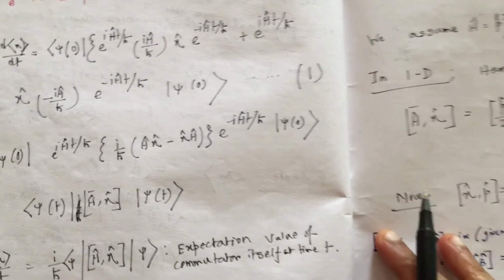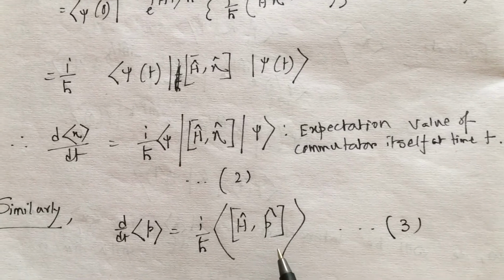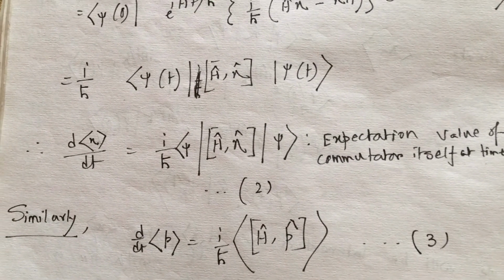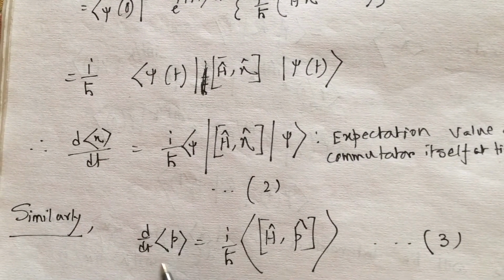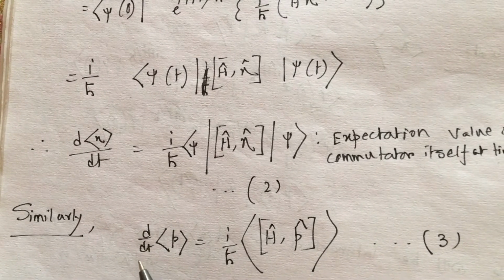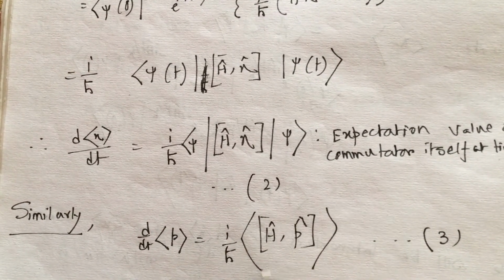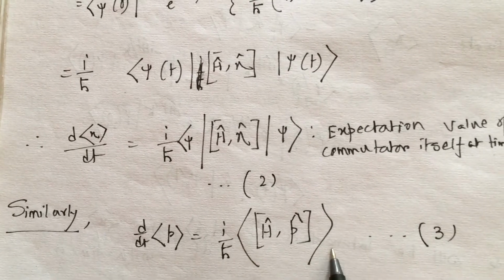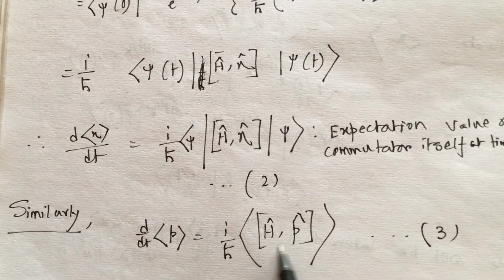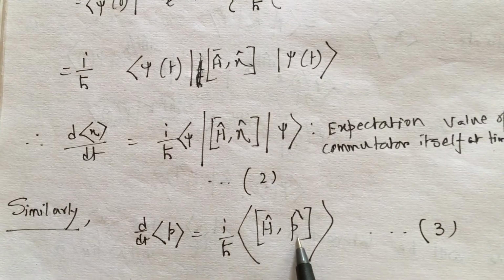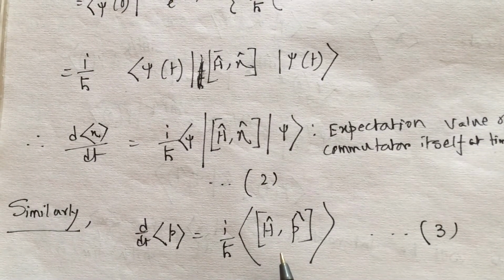And we previously had equation 3, which tells me how the expectation value of P changes with time, and the right hand side I have already obtained. The commutation relation of H and P is obtained as i h cross dV/dx.